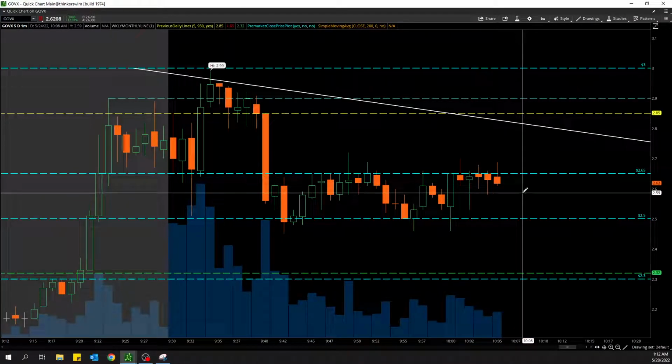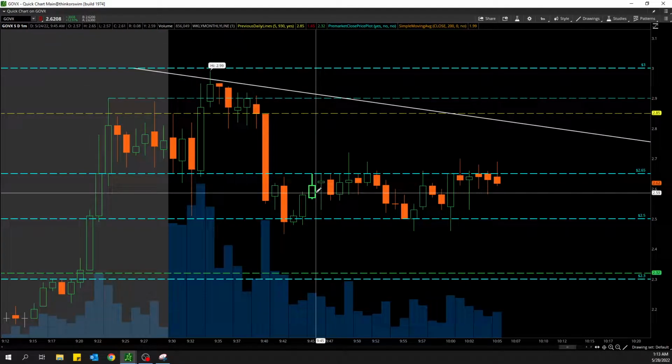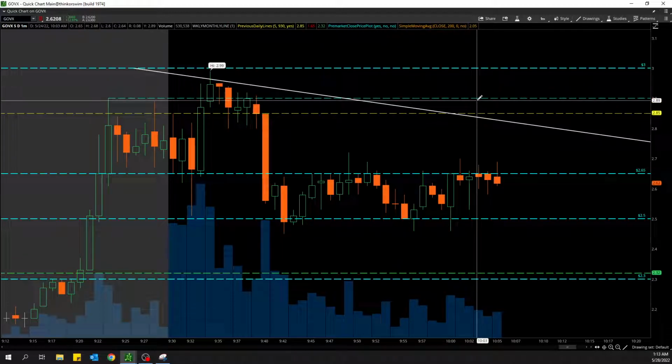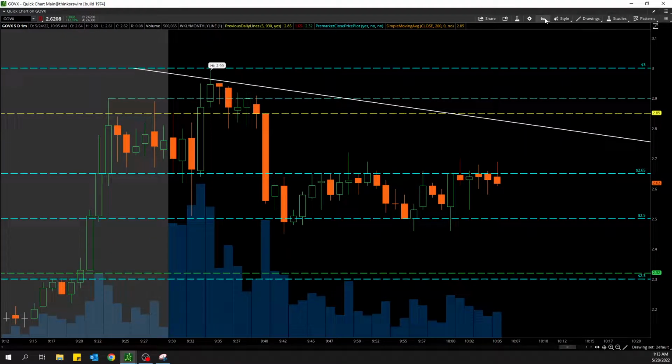And again, this 265 and 250 area is probably a bit of a demand area. The reason I say that is simply because that's where it's going. It can't get below that 250 and hold, and it's starting to rip back up each time, like someone's buying it up or propping it up, rigging it up or whatnot.